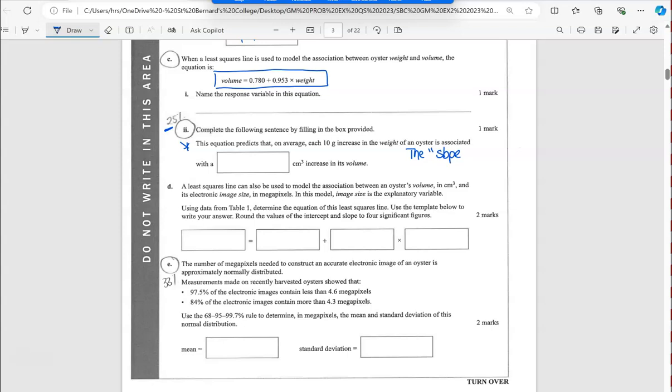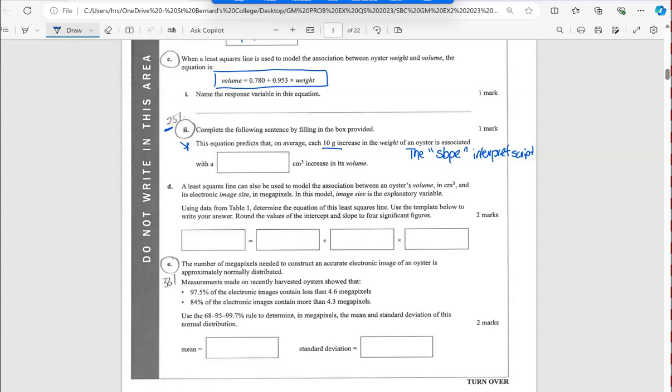The only thing is we normally say with one unit increase. So they've actually been a little bit trickier, and they've said with a 10 increase.